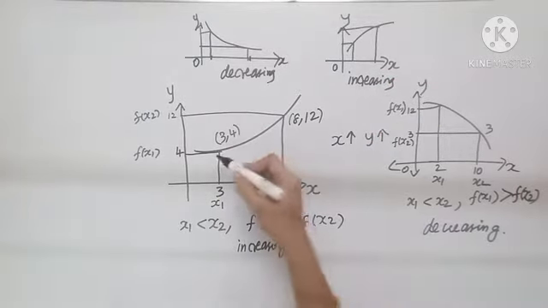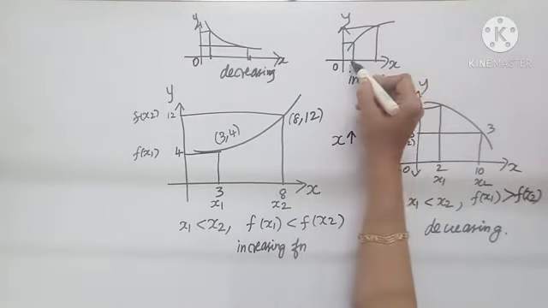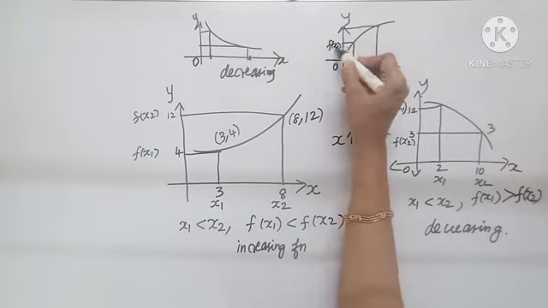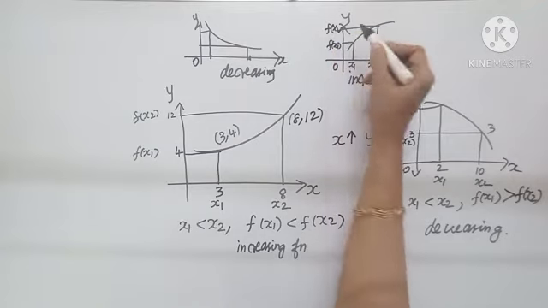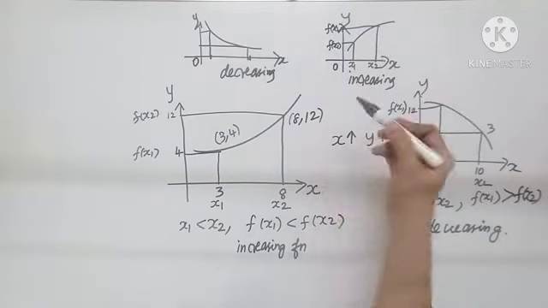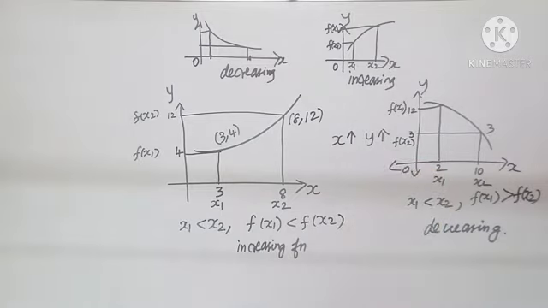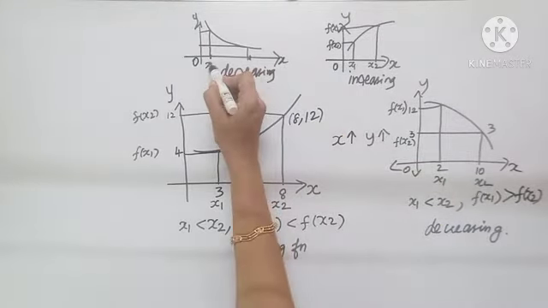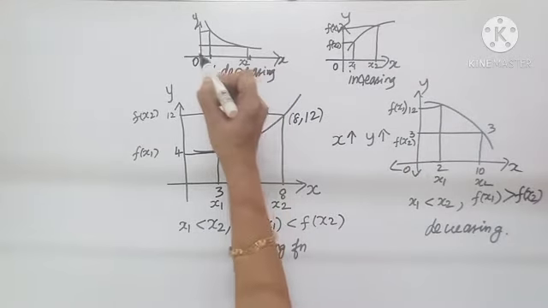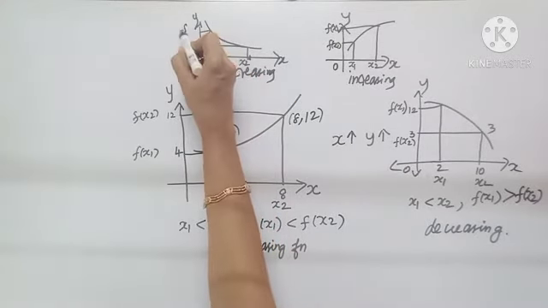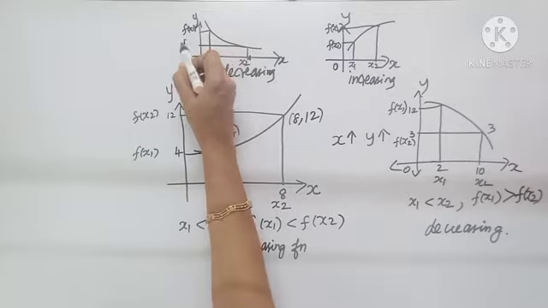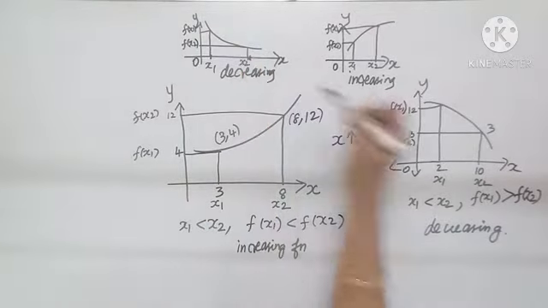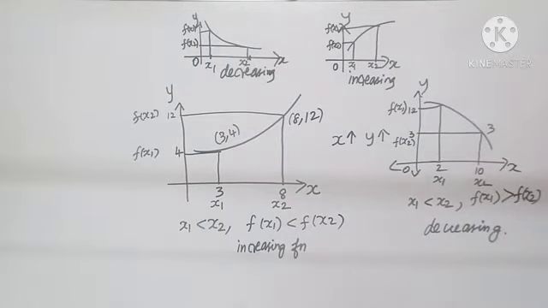When x1 is below x2, f of x1 is below f of x2, such curves we call increasing curves. Whereas for these two, x1 is less than x2 but f of x1 is greater than f of x2. This type of curve we call decreasing.